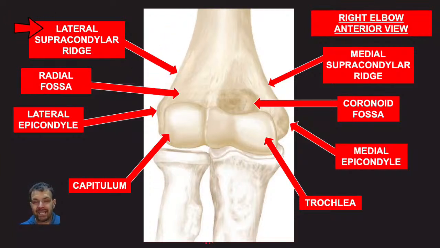So this bit here is the lateral, so outside, supracondylar, there's the epicondyle there, and the condylar ridge. So we've got this raised area of bone just here, called the supracondylar ridge.